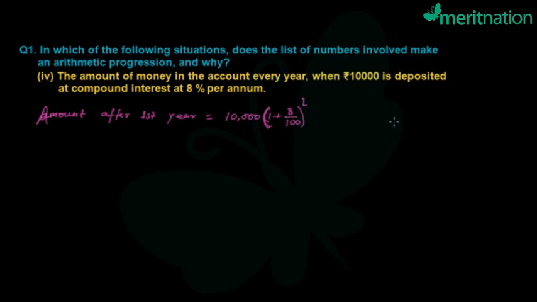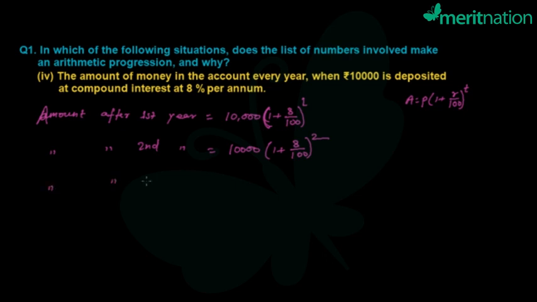The formula to calculate the amount under compound interest is A equals P times 1 plus r by 100 raised to the power t. The amount after the second year becomes 10,000 times 1 plus 8 by 100 raised to the power of the time. We are taking 2 years, so power 2.